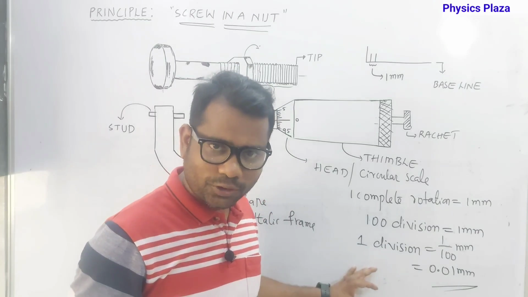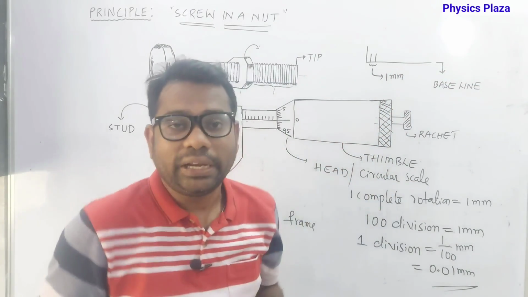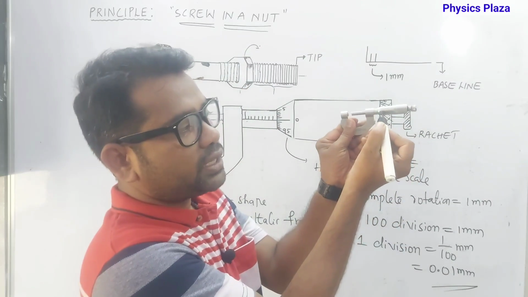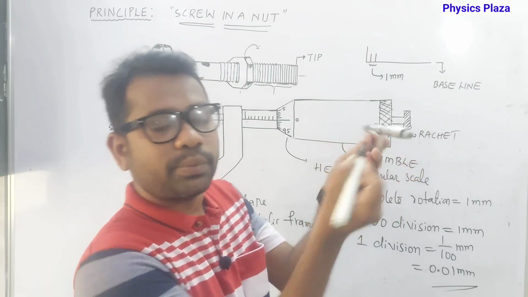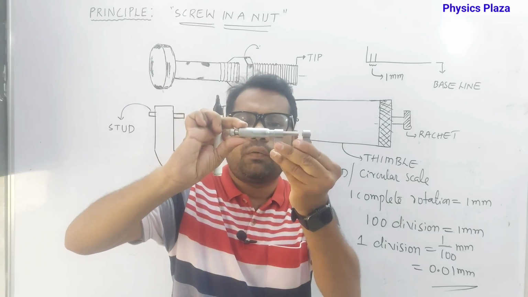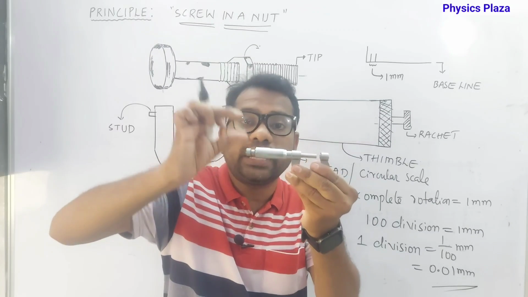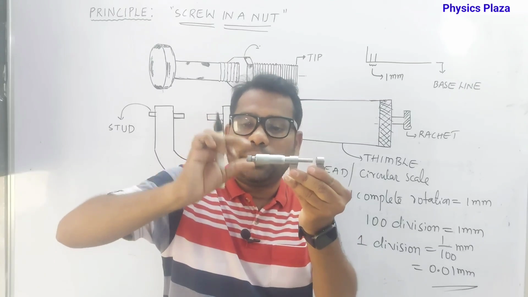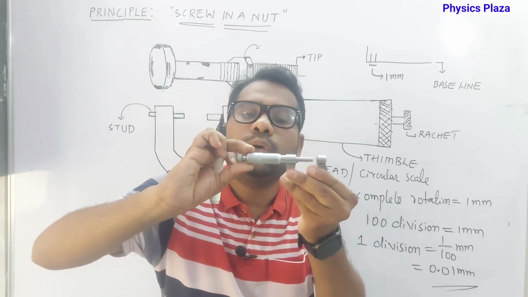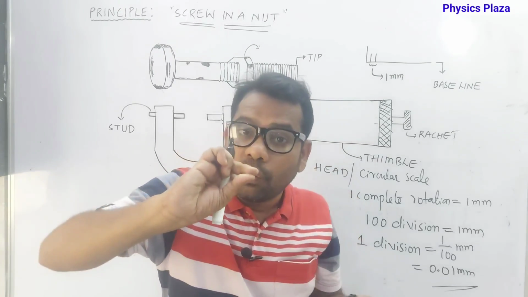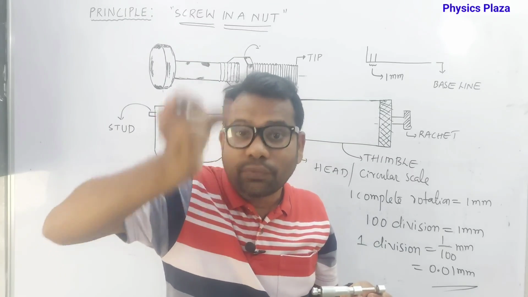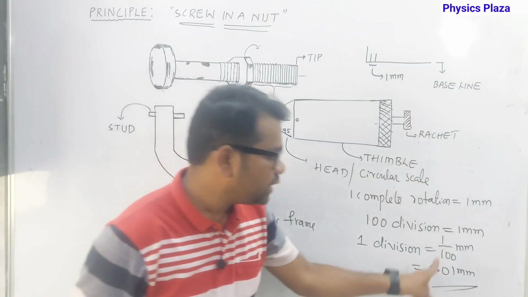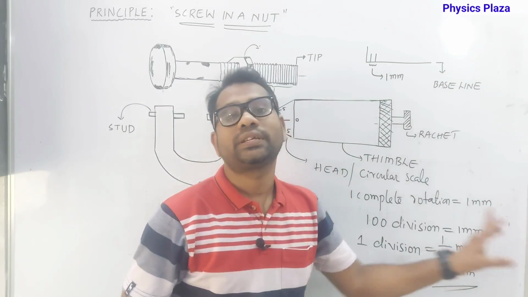Children, did you understand or not? Again, I'm telling you. So one division means what, children? Here, 100 divisions are made, right? If you rotate it so that only one division is covered, let us say from 80 to 81, for that one division of rotation, the screw can cover a distance equal to 0.01 millimeter.